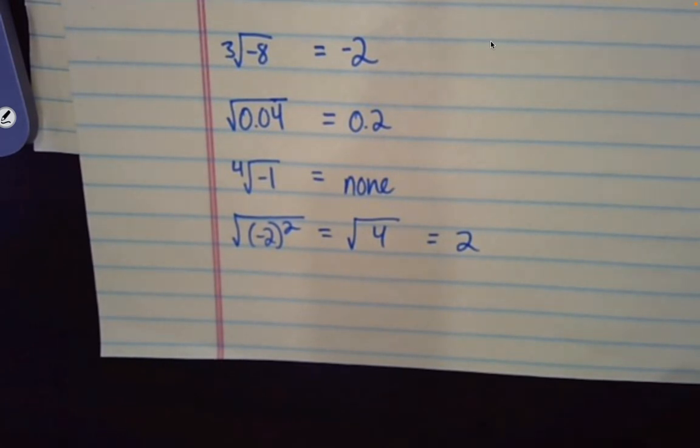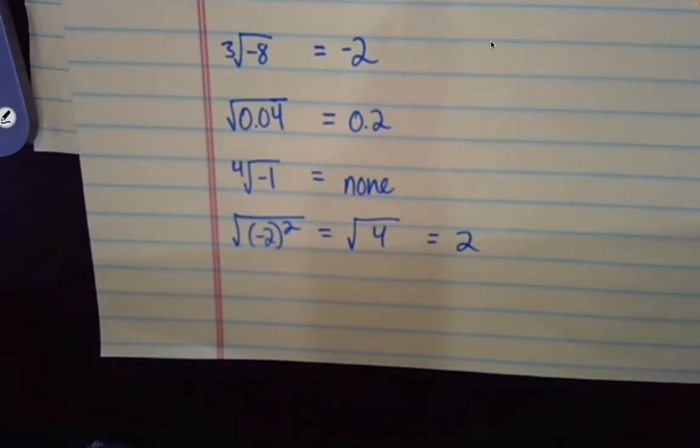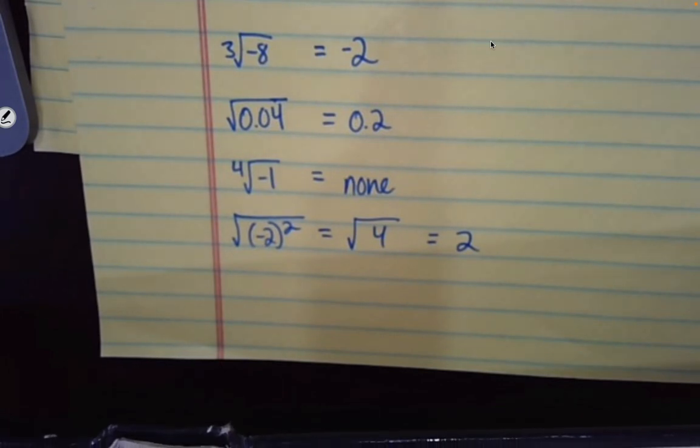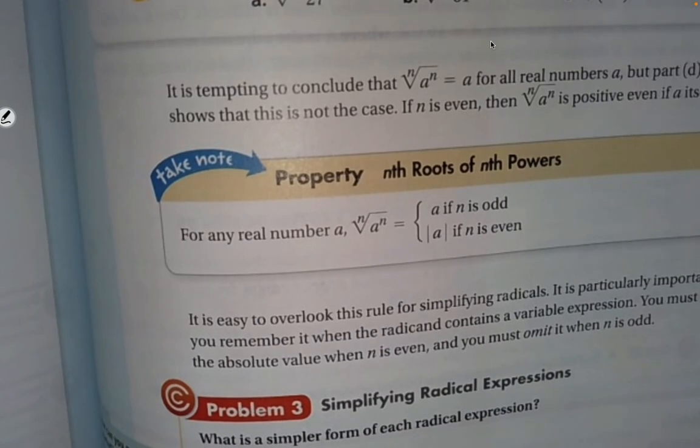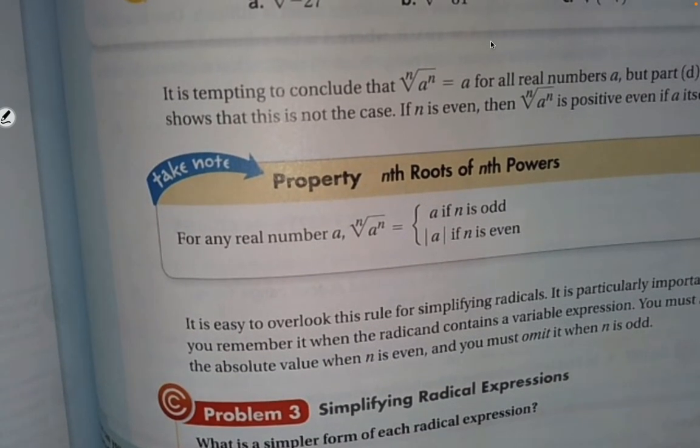Okay, the next part, let's see how I want to say this. I'll put this up here and then I'll just do some examples. If you look down at some of those other problems, they're kind of weird because they start to have some absolute value bars.